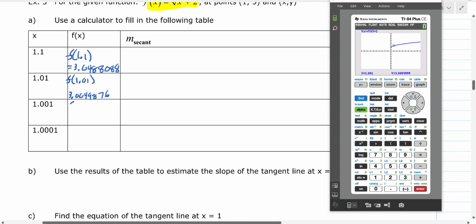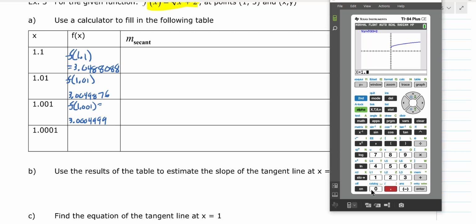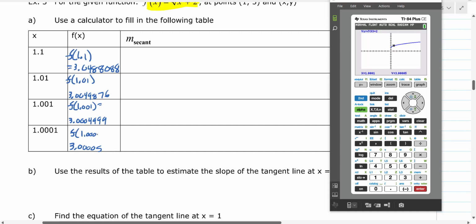So f of 1.001 is going to be equal to 3.0004999. And then lastly, I'll do 1.0001, and I'll get a little bit different value. So this time I get 3.00005. That's what f of 1.0001 is equal to.